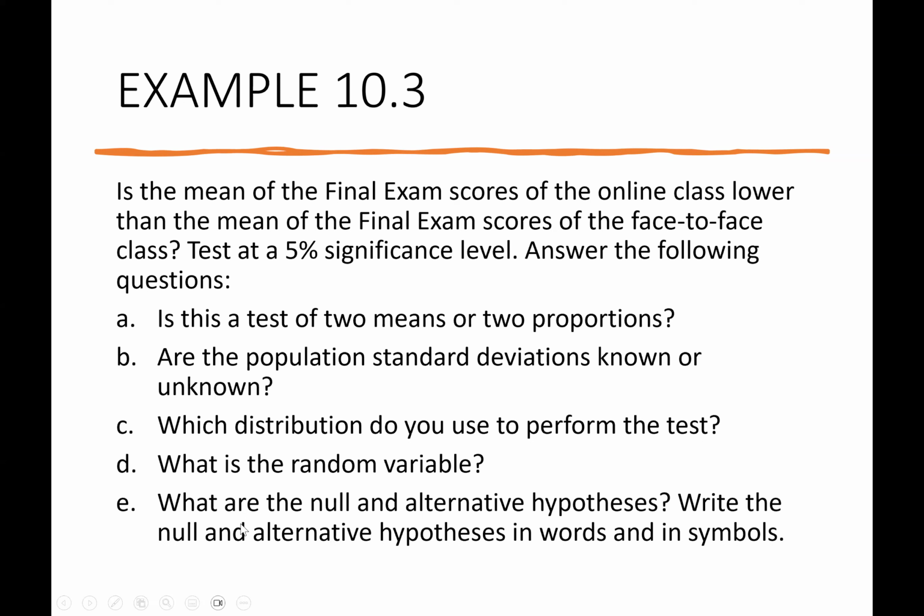Okay, is this a test of two means or two proportions? Means. Are the population standard deviations known or unknown? Unknown. So which distribution are you going to use? T-distribution. What's the random variable?